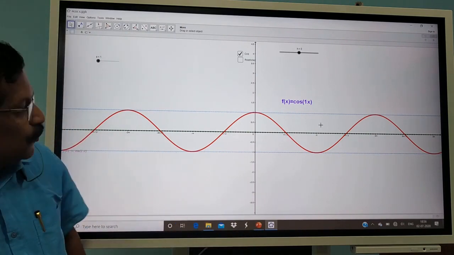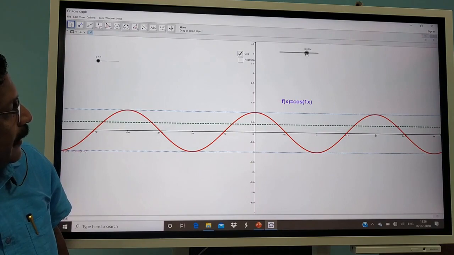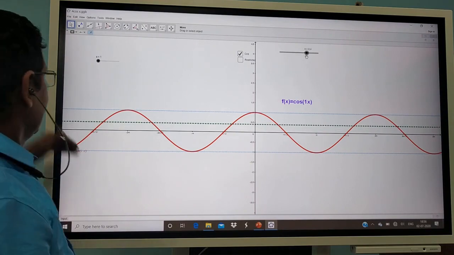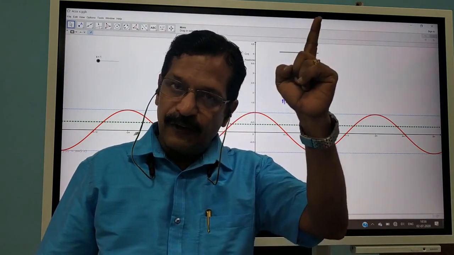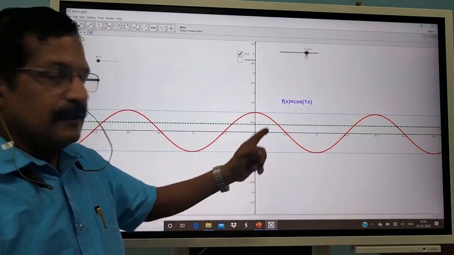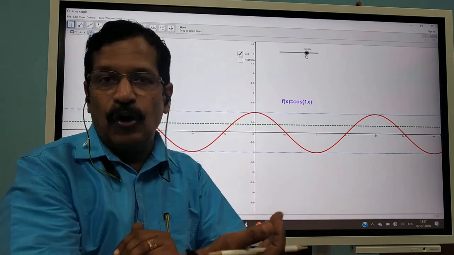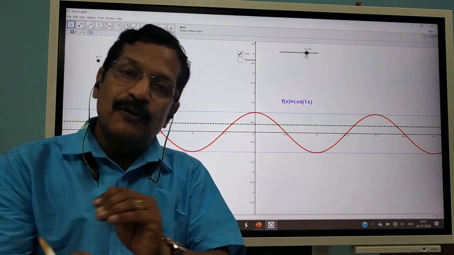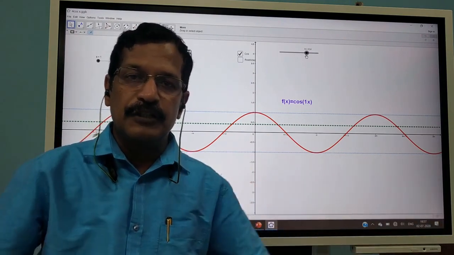We can check whether it is one-one or not. If I draw a line parallel to the x-axis, the line intersects the graph at different points, so it is a many-one function. So at present the function y is equal to cos x is many-one onto. We have to make it one-one onto, then only the function is invertible.